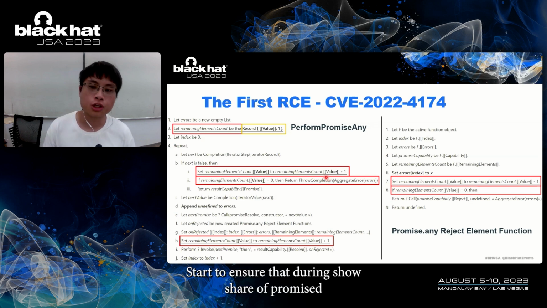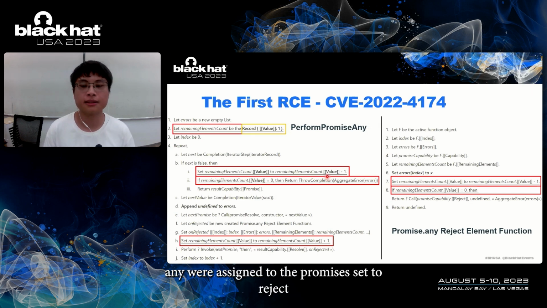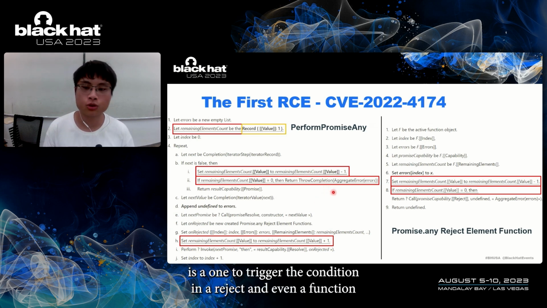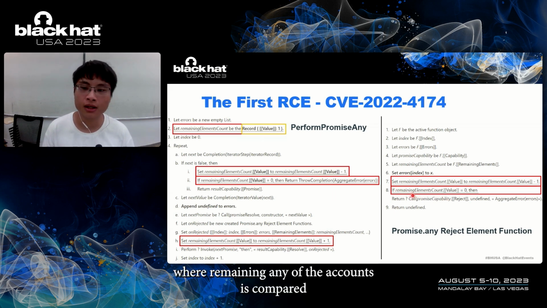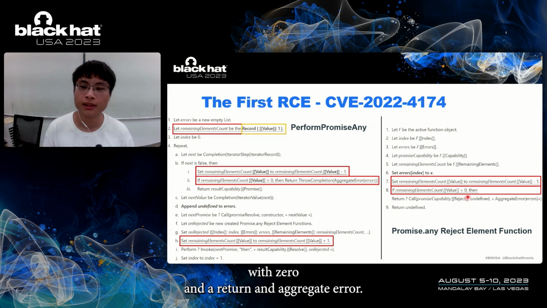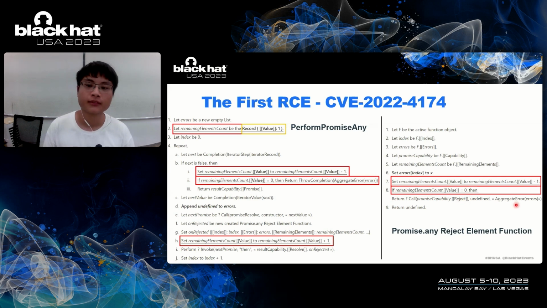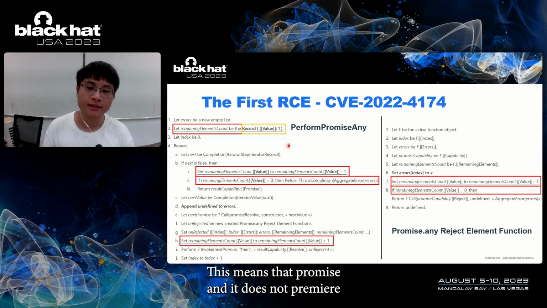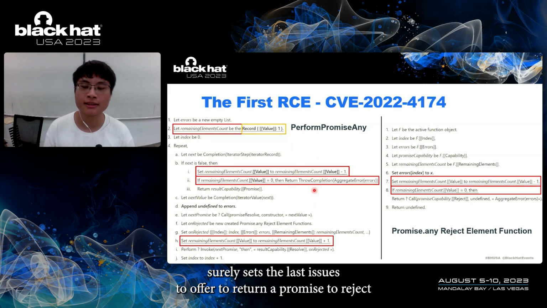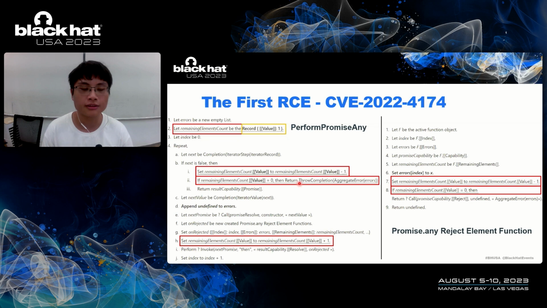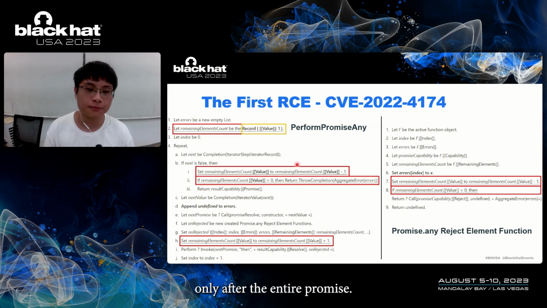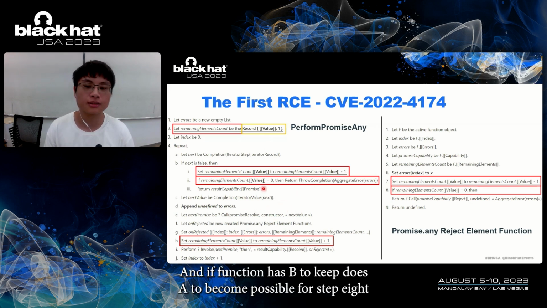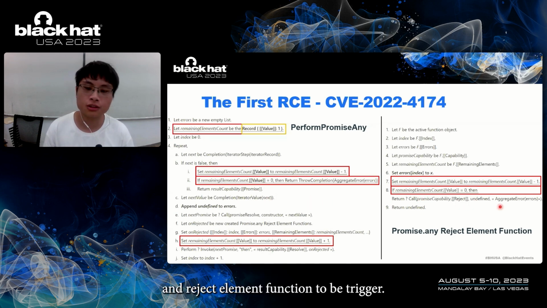This is done to ensure that during the execution of Promise.any, when some input promises are set to reject, it won't trigger the condition in the reject element function, where remainingElementsCount is compared with 0 and returns an AggregateError. This means that Promise.any does not prematurely set the status of the returned promise to reject. Only after the entire Promise.any function has been executed does it become possible for step 8 in the reject element function to be triggered.